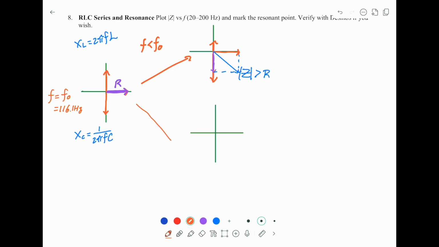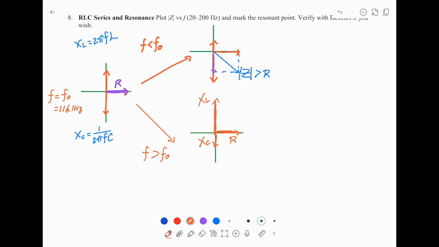Now, if this time F is bigger than the resonant frequency, everything reverses, so the inductive reactance XL becomes dominant and XC becomes less. Remember, R remains unchanged.